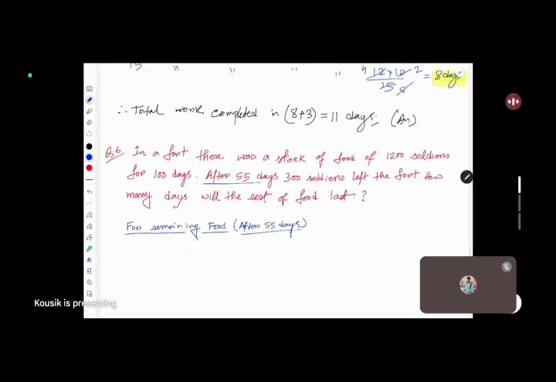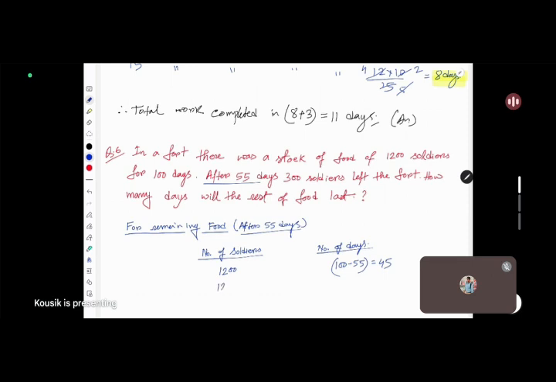For that remaining food, consider the number of days and the number of soldiers. If the number of soldiers after 55 days were unchanged, the remaining food would last 100 minus 55, that is 45 days.